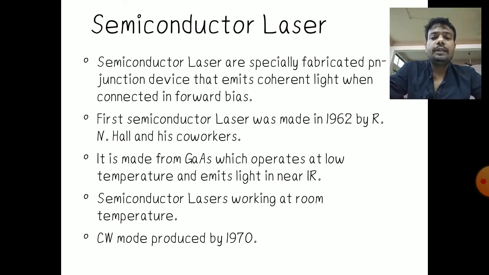So the light emitted by this semiconductor laser is in the near infrared region. Semiconductor lasers can work at room temperature, and this is a property of semiconductor lasers. In 1970 we got continuous wave mode from these semiconductor lasers.